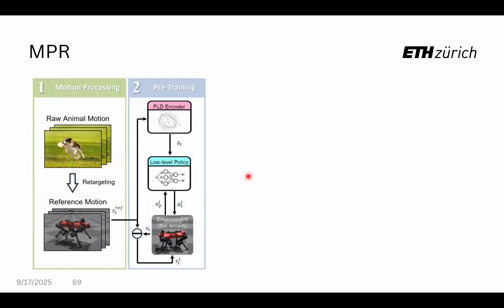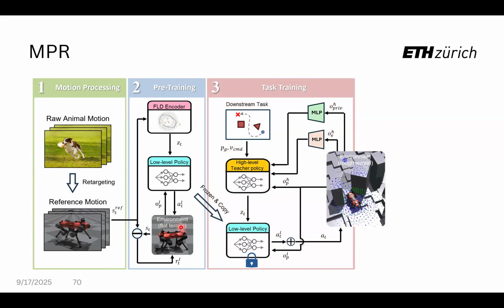So here's the pipeline. This is the motion embedding, the motion processing. We train an FLD as before, the frequency domain encoder and decoder. Then we have this low-level policy that can only work on flat terrain. After that, we train a higher-level policy that commands the latent embedding, the frequency domain parameters, the frequency, amplitude, and offset, but it's not enough.